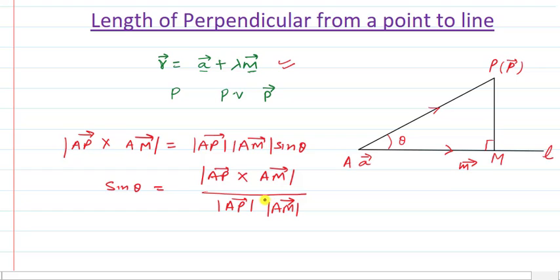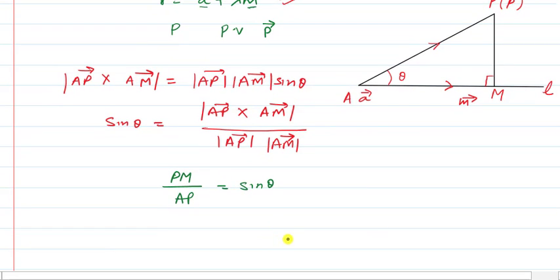Now in triangle PAM, if we use the concept of trigonometry, then we find that PM upon AP is equal to sin theta, which implies PM is equal to AP sin theta.